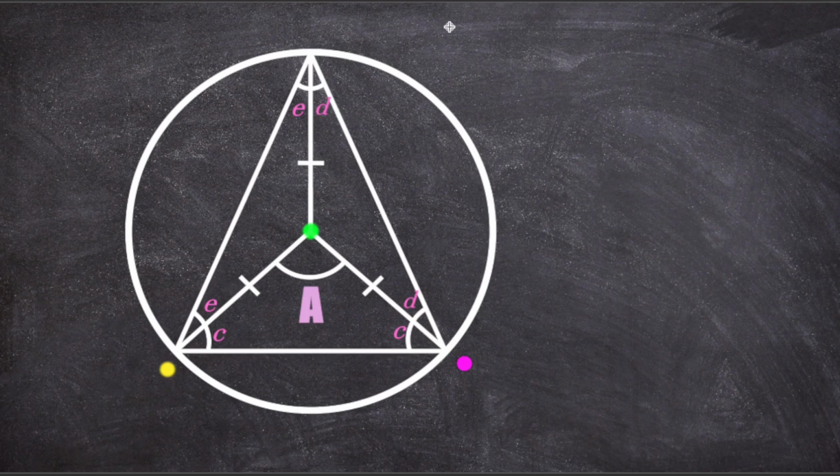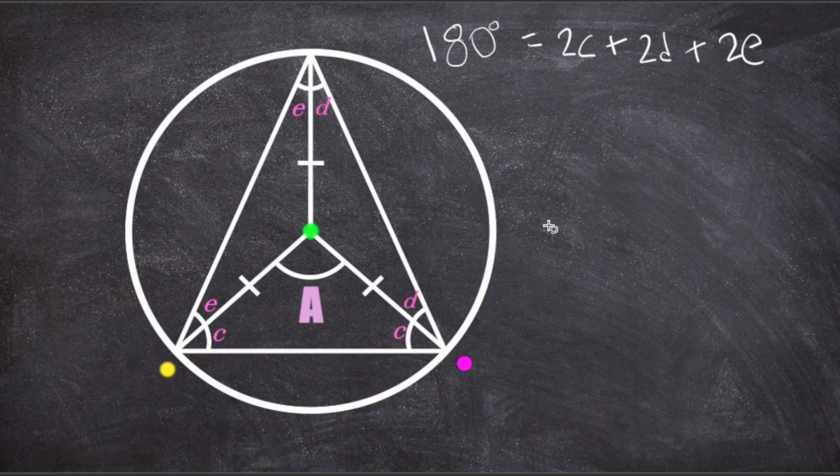Given that the sum of angles in a triangle is 180 degrees, the sum of these must be 180 degrees. So we can write an equation to reflect that. We get 180 degrees equals 2C plus 2D plus 2E.